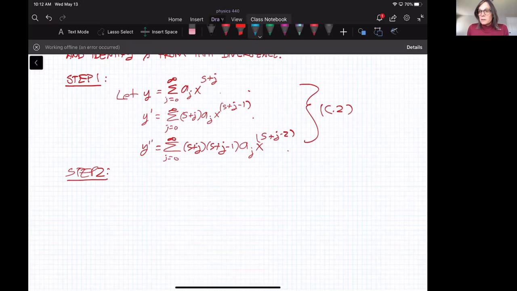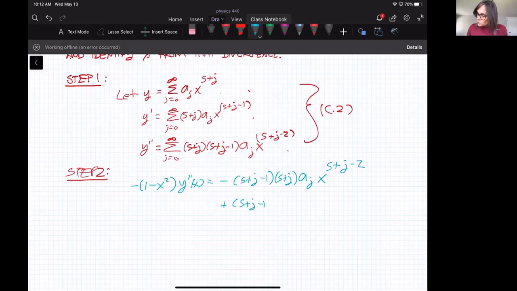You're going to take this differential equation, and I'll get you started. I mean, you'll want to write things like minus times 1 minus x squared y double prime of x is going to be equal to minus s plus j minus 1 times s plus j times a_j x to the s plus j minus 2 plus s plus j minus 1 s plus j times a sub j times x to the s plus j.